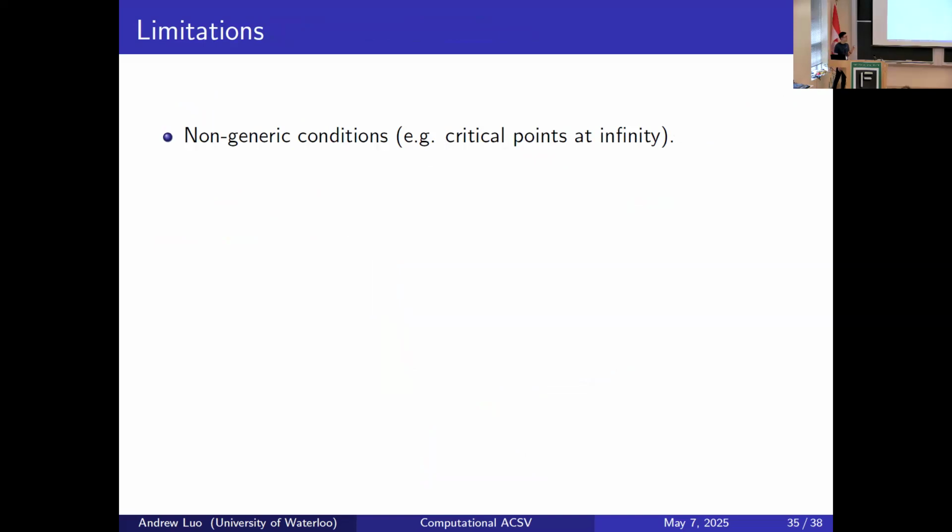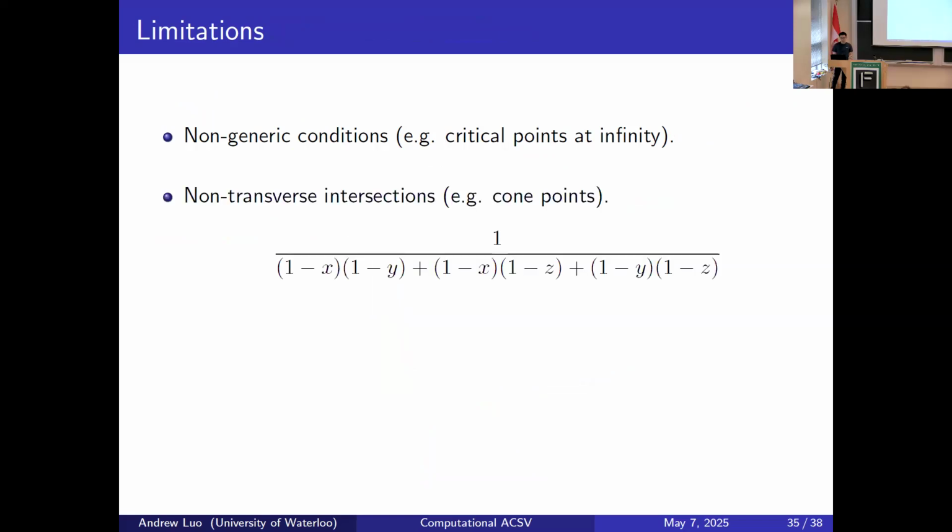So one is that certain assumptions we assume to be generic may not be satisfied. For example, you might have critical points at infinity. Also, if you have non-transverse intersections, it turns out there are really crazy types of varieties you can get. The Whitney cusp I showed earlier is one of them, but also you might get something like a cone point, which we have an asymptotic formula for.